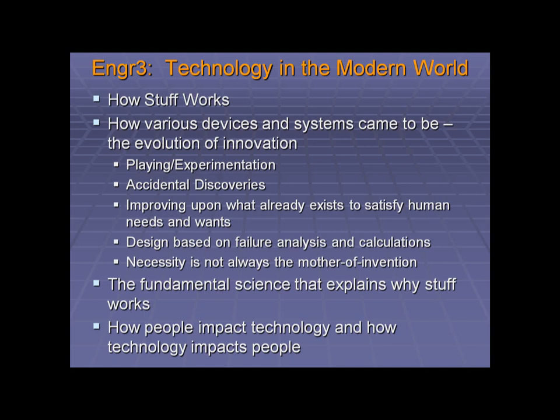It means improving upon what already exists to satisfy human needs and wants, with a design based on failure analysis and calculations. Necessity is not always the mother of invention. It also includes the fundamental science that explains why stuff works, how people impact modern technology and how technology impacts people.